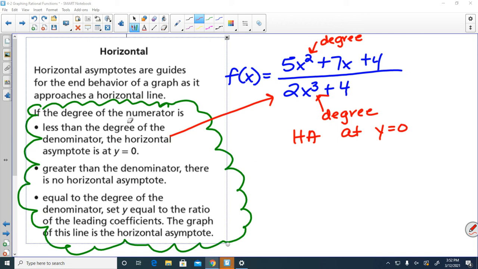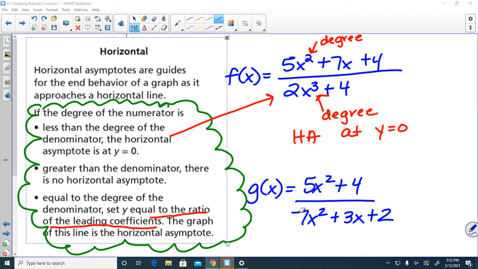If the degree of the numerator is greater, no horizontal asymptote. If the degree of the numerator is equal to the degree of the denominator, set y equal to the ratio of the leading coefficients, and this is the line of the horizontal asymptote. So if I look at g of x here, the numerator has a degree of 2, the denominator has a degree of 2, so the degree of the top and the bottom are the same.